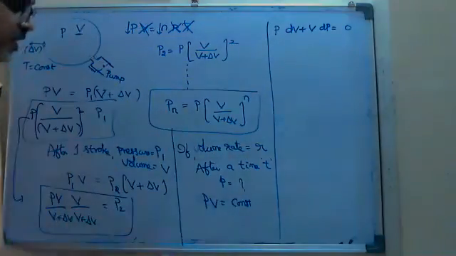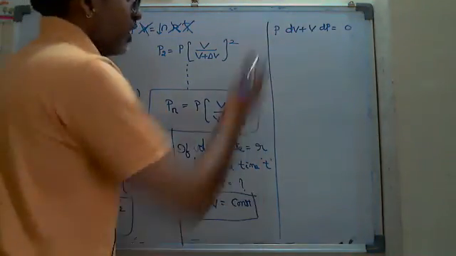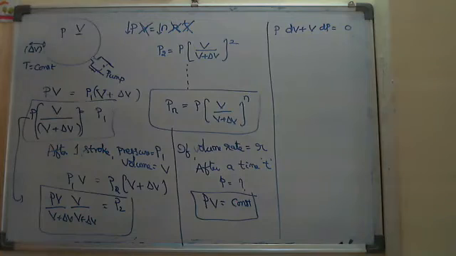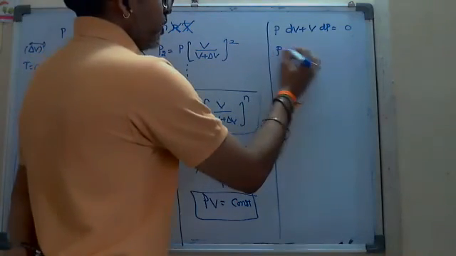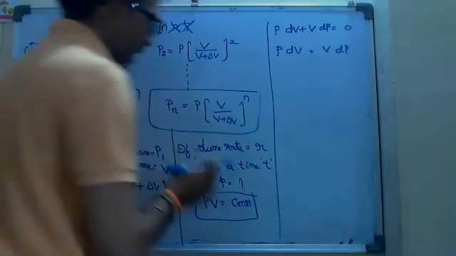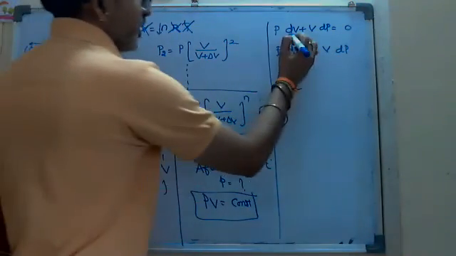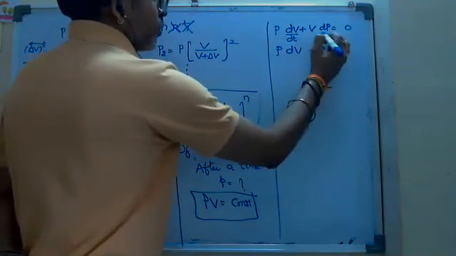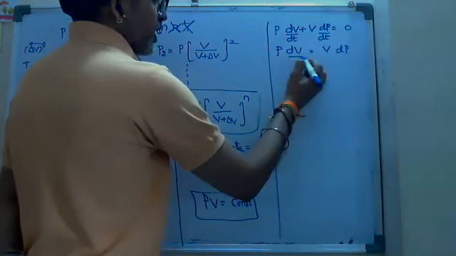So after differentiating Boyle's law, you get P dV plus V dP equals 0. From there, P dV equals minus V dP. He gave the volume rate, so differentiate with respect to time.